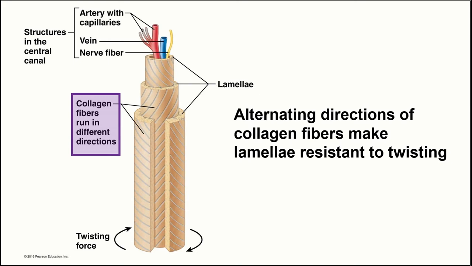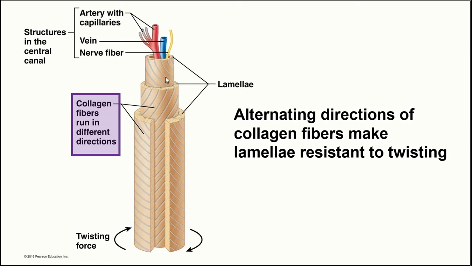So bony minerals are not the only material that make up the lamella. They also have collagen fibers essentially woven through them. And a really interesting thing I think about the collagen fibers in the lamella is that the fibers are aligned in different directions in adjacent lamella.